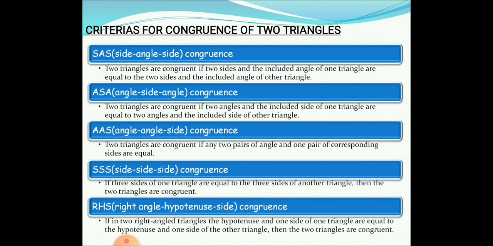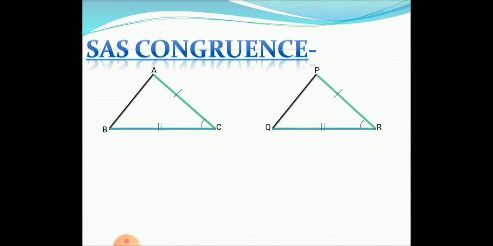Let's discuss this first criterion, SAS congruence. Two triangles are congruent if two sides and the included angle of one triangle are equal to the two sides and the included angle of the other triangle.